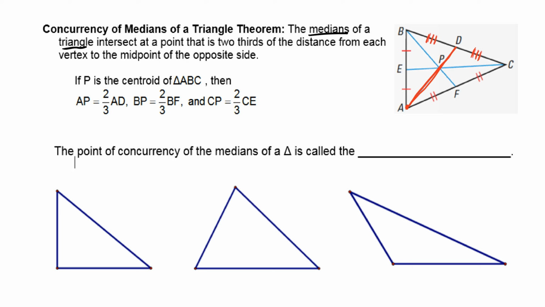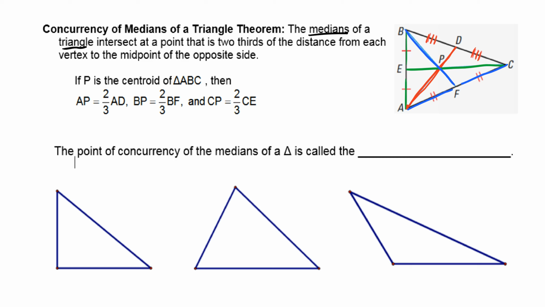We have three different medians here. CE is a median, and it cuts side BA into two congruent parts. And then finally, BF cuts its opposite side, CA, into two equal parts.